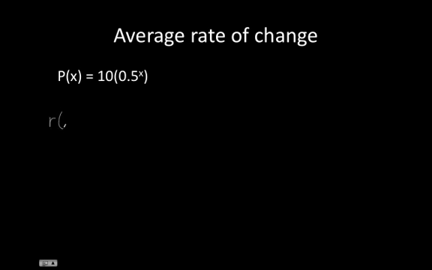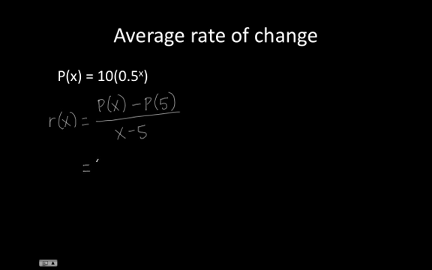So r of x equals the p of x of any x value, but in this case we're going to be sticking with x values really close to 5, minus the p of 5, all over the distance between x and 5, so x minus 5.